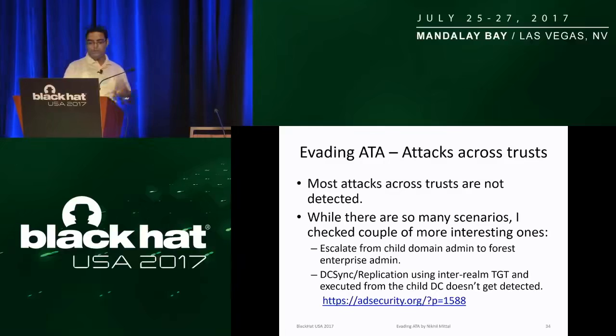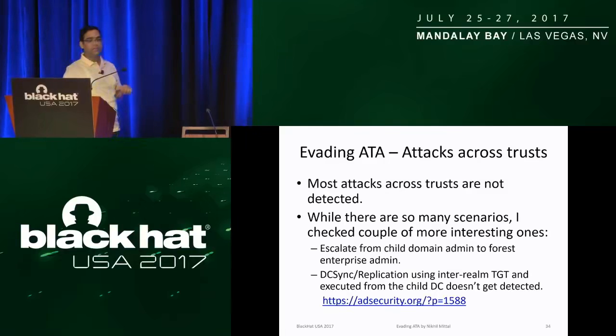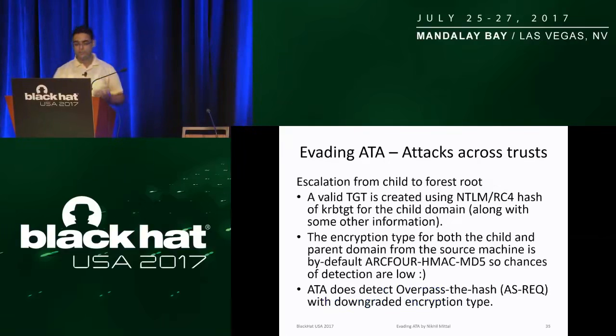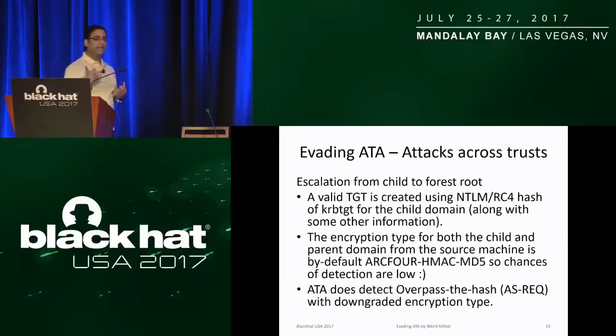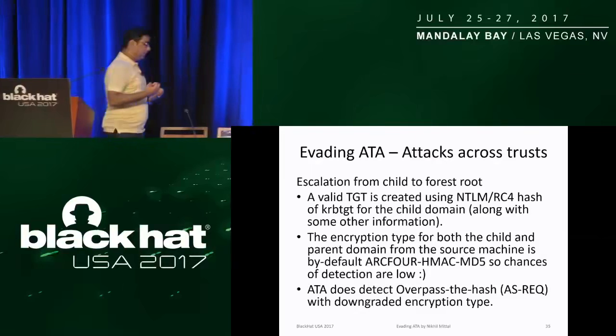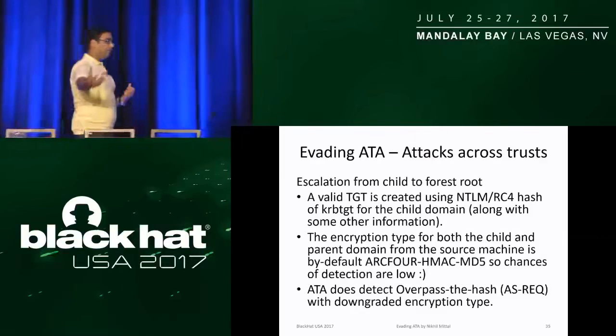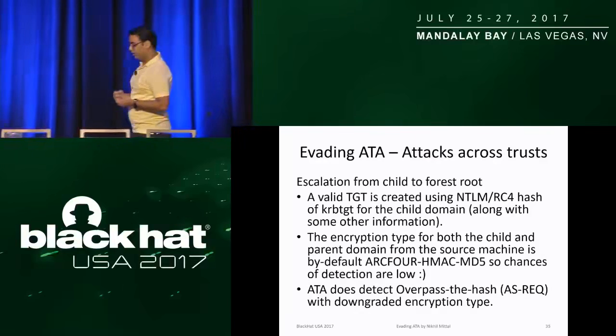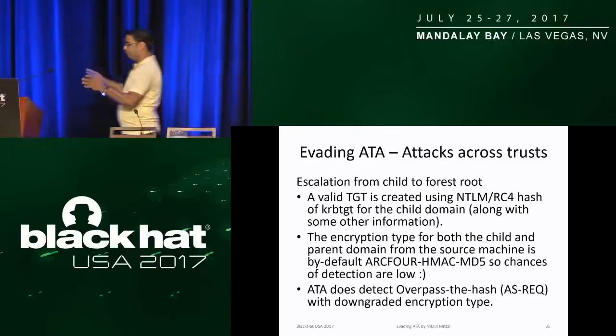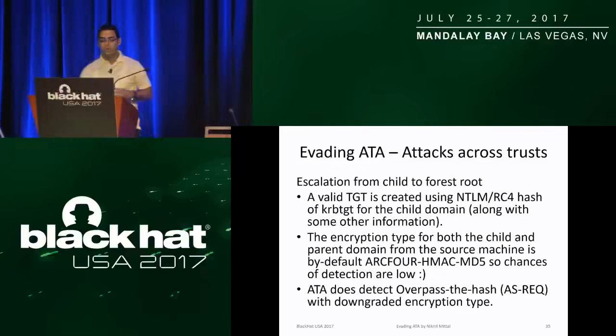So nevertheless, let's have a look at a couple of attacks across trusts which don't get detected. One is the well-known one, where you get access as a domain administrator in a child domain, and you escalate your privileges to enterprise admin. There is no detection at all.